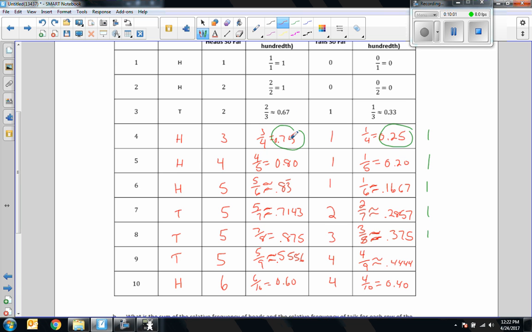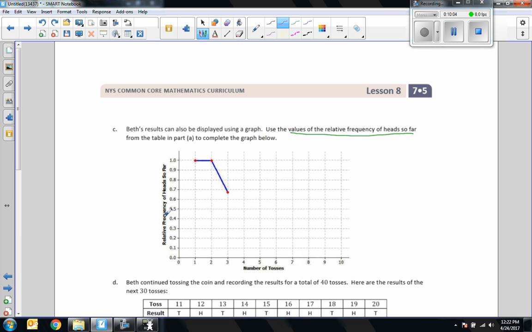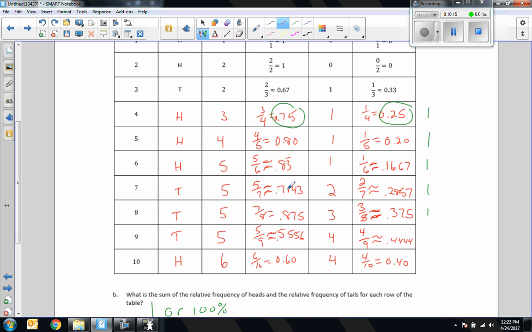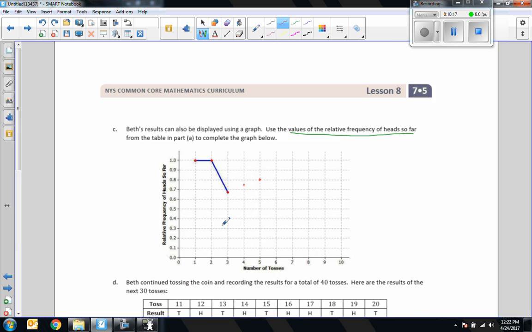Then it went to 0.75, then 0.8. Then after 0.8, it went 0.83, then 0.7143.